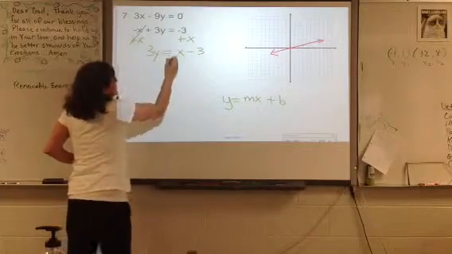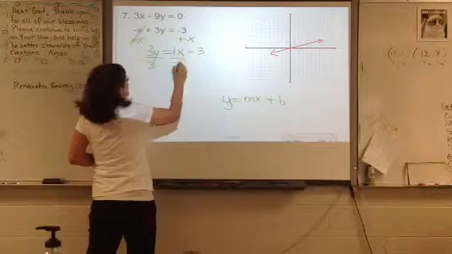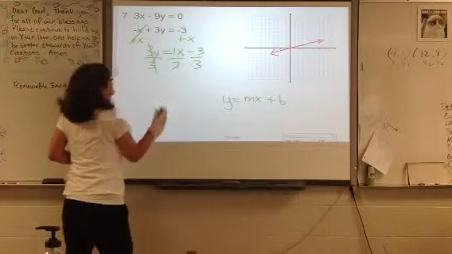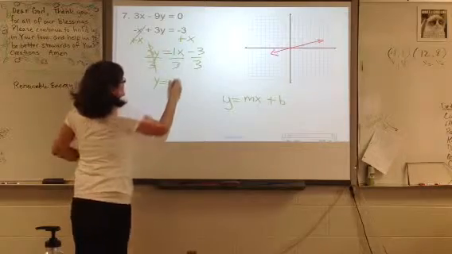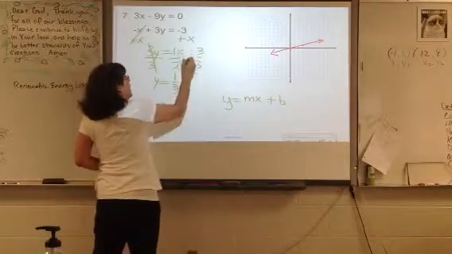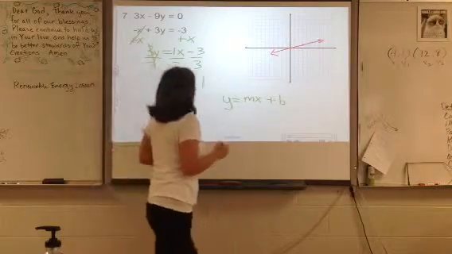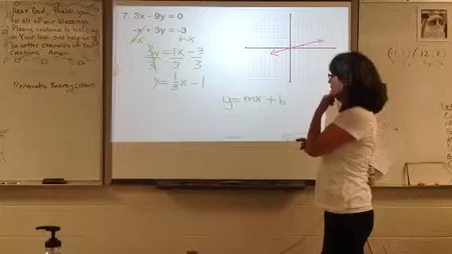Remember there's an invisible 1 there. Now to get y alone, divide by 3 everywhere. y equals, I can rewrite this as 1/3 times x, and then it's easier to understand, minus 1.